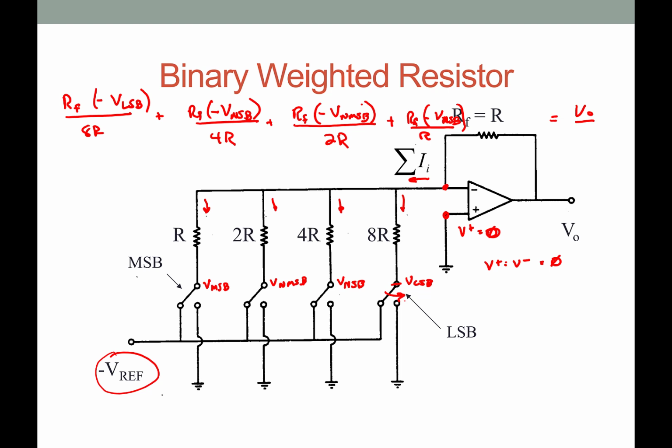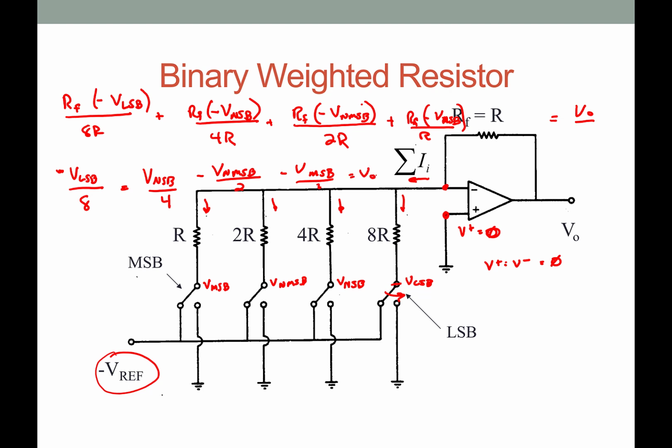So if RF is equal to R, and we have this filled out in a little bit better way, we can say this is going to be minus VLSB over 8, minus VNSB over 4, minus VNMSB over 2, minus VMSB over 1, equals Vout.